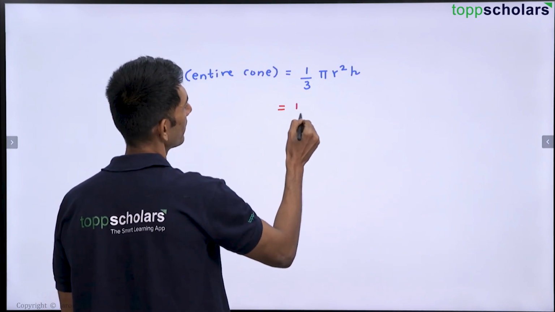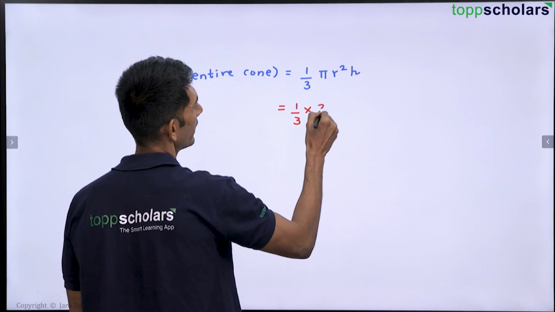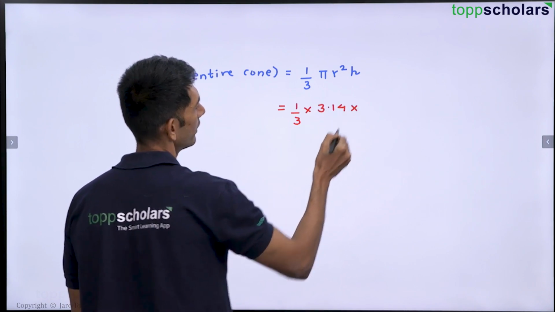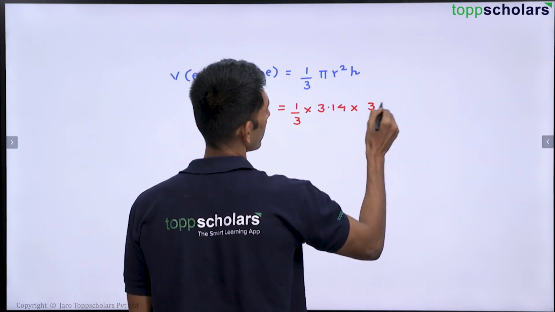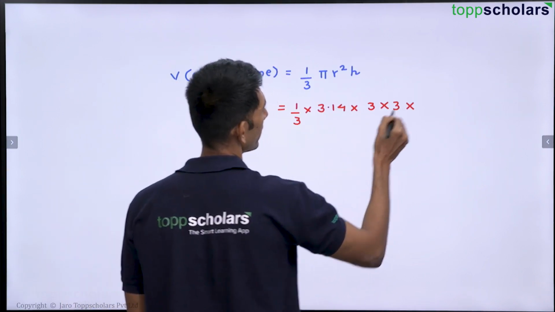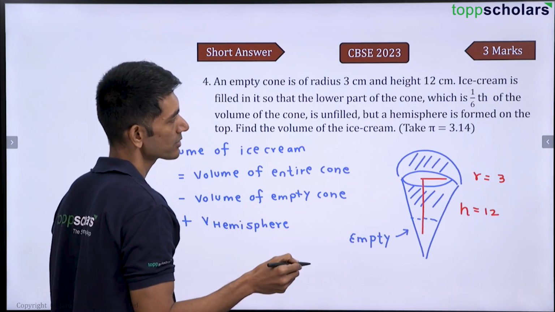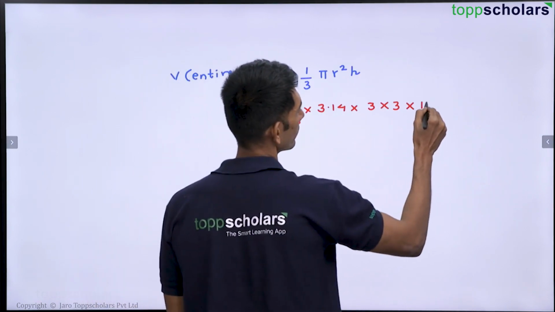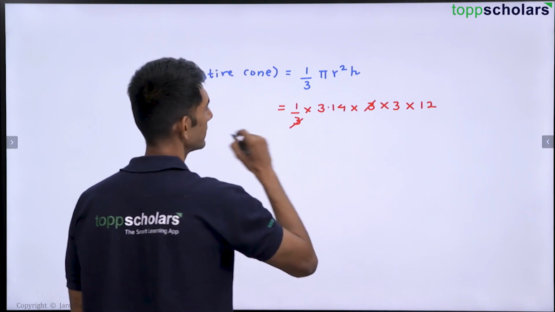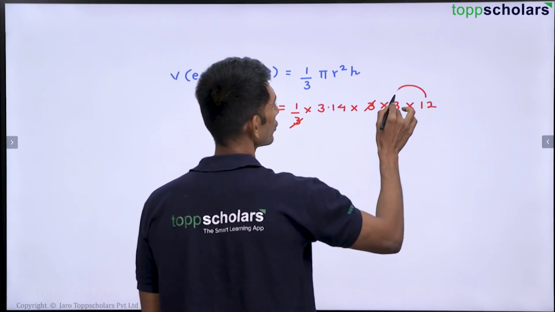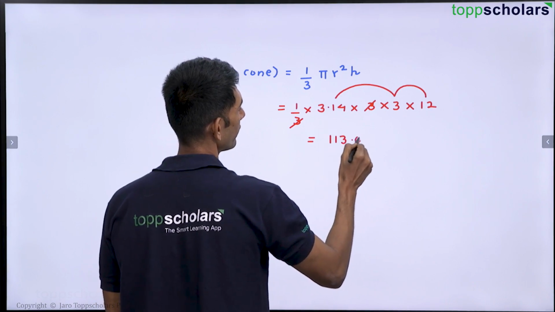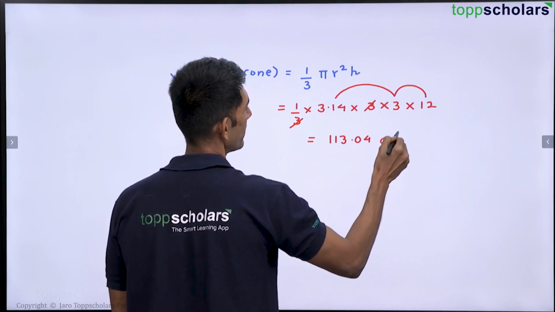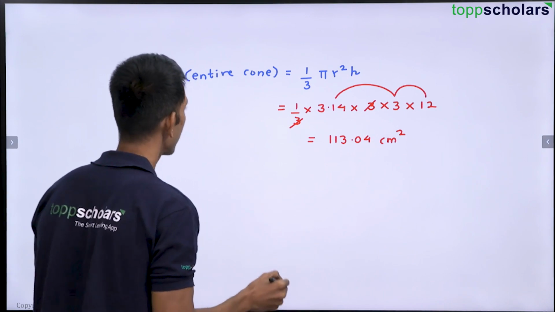That is equal to 1 by 3 into 3.14 into 3 into 3 into h. H is 12. This gets cancelled. So 12 3s are 36 into 3.14, so 113.04 centimeter cube. That is the volume of the entire cone.